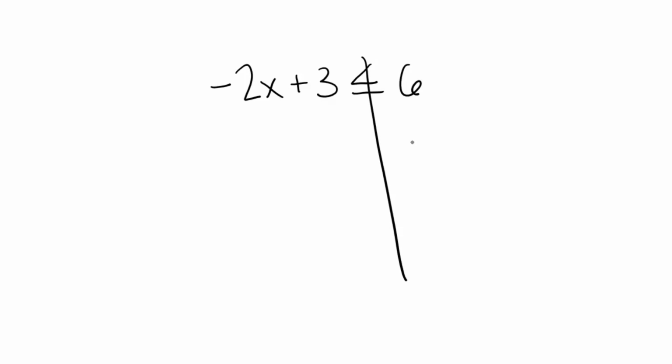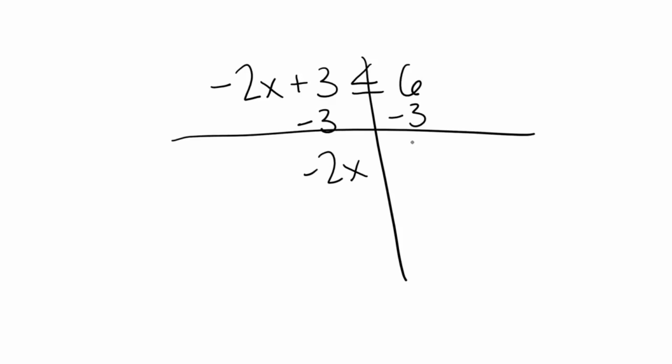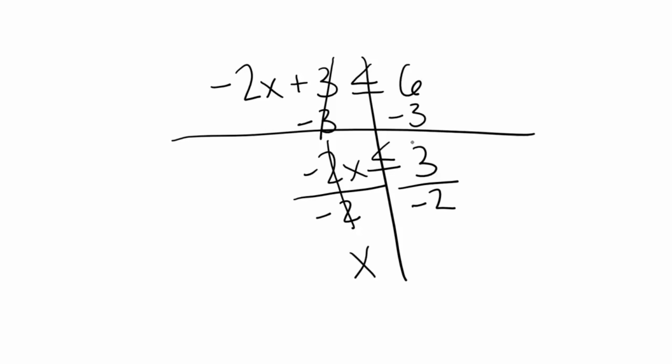I'm going to solve this just like normal, so subtract 3 on both sides. I'll bring down that negative 2x, those 3's cancel, is less than or equal to 6 minus 3 is 3. Divide by negative 2 on both sides. Those negative 2's divide to 1, so I just have an x over here.